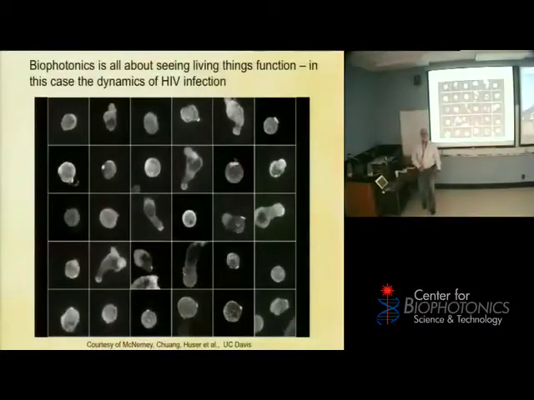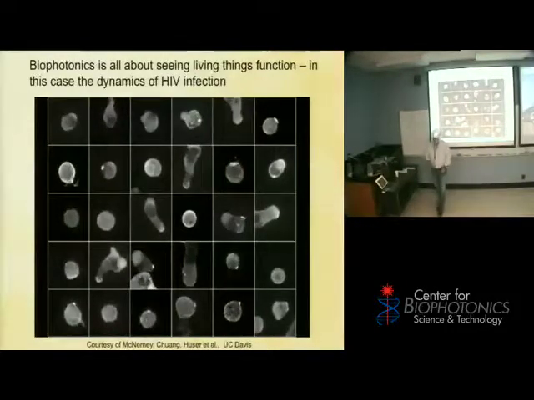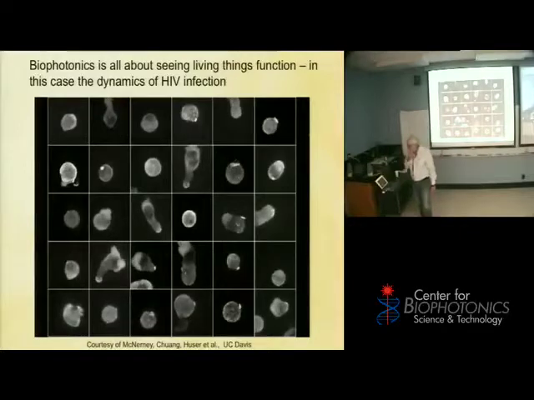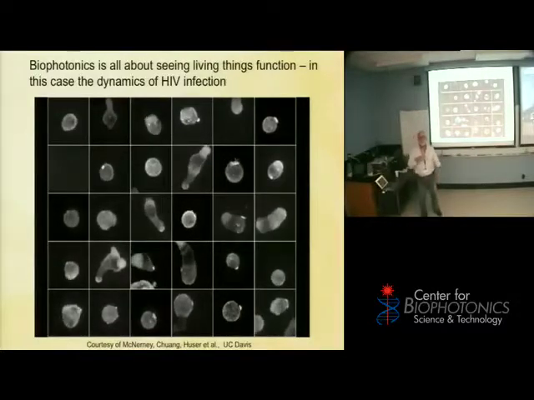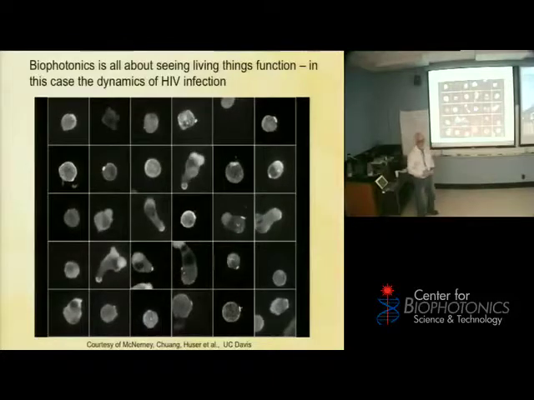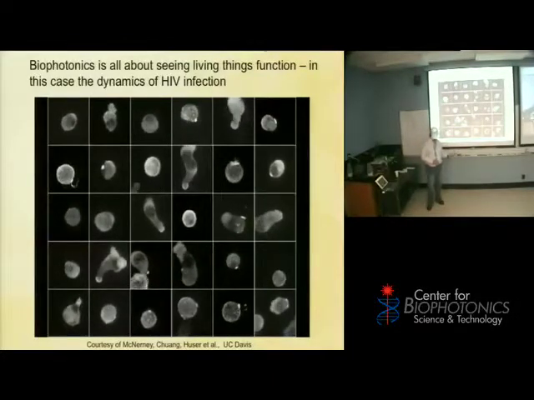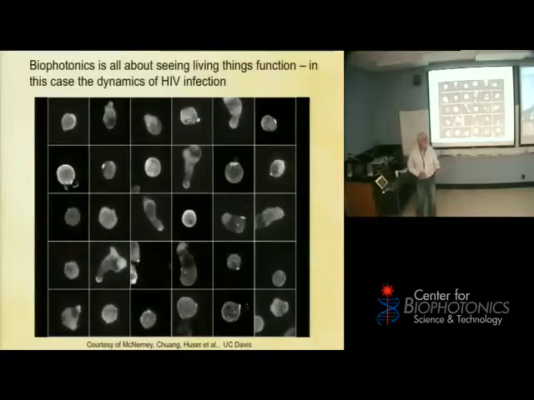You've probably seen this slide, Yvonne, but this is my favorite slide of the power of this imaging. This is showing a bunch of different cells laid out on a grid, and we're able to observe all of them at once. These are in fluorescence, and we're doing this with a spinning disc confocal microscope.